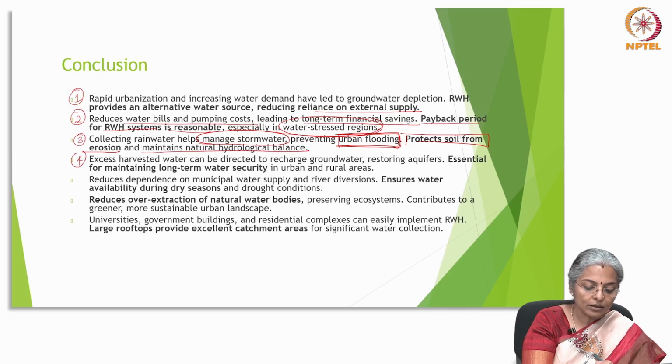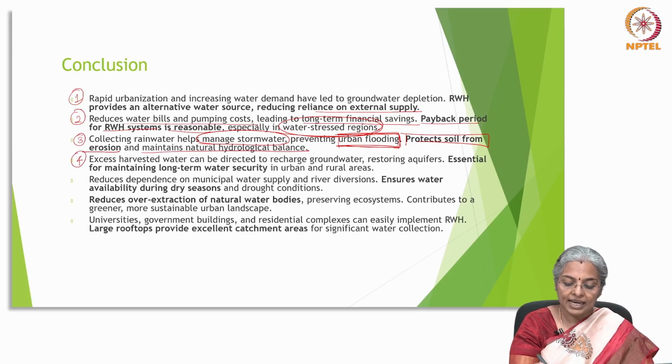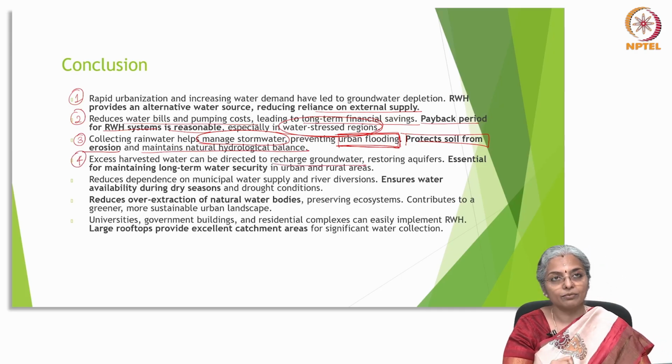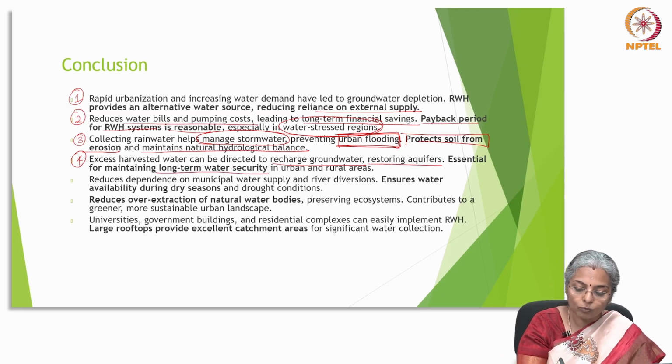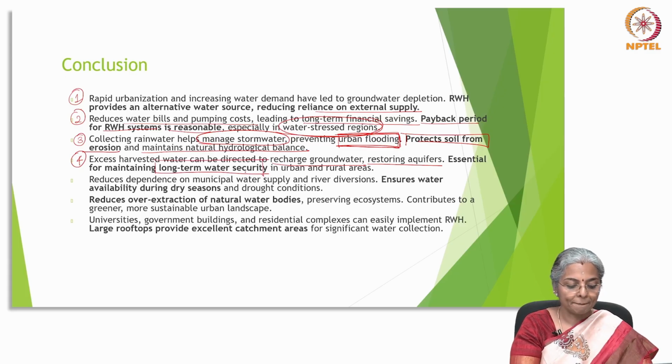The excess rainwater which you harvest can be recharged to the groundwater, and it can restore our aquifers. This is important for long-term water security in urban and rural areas.